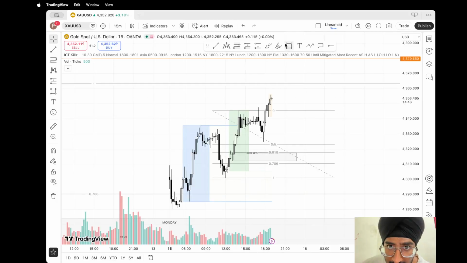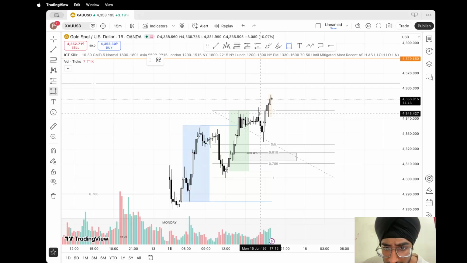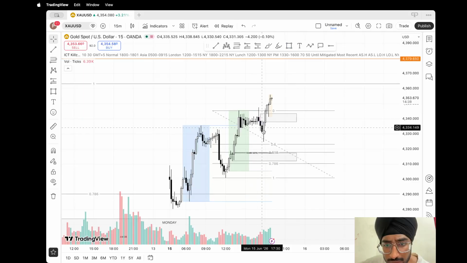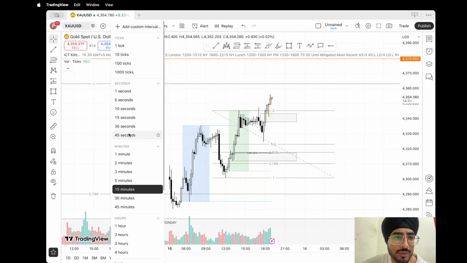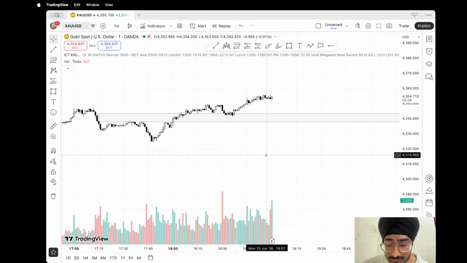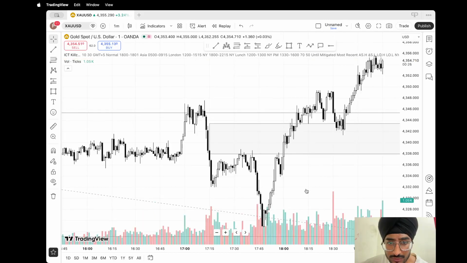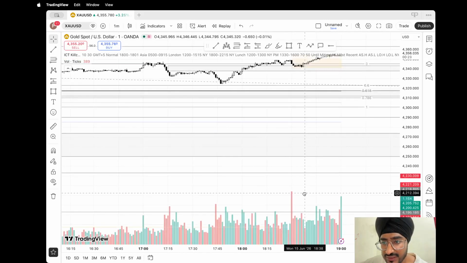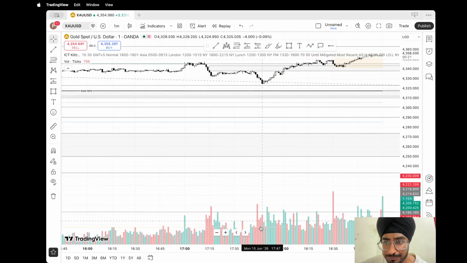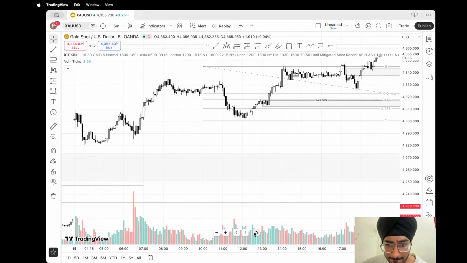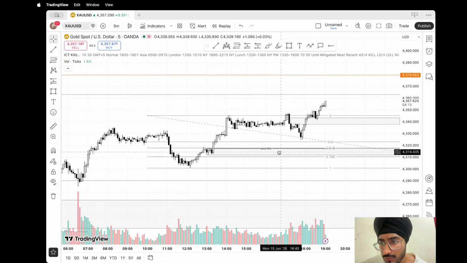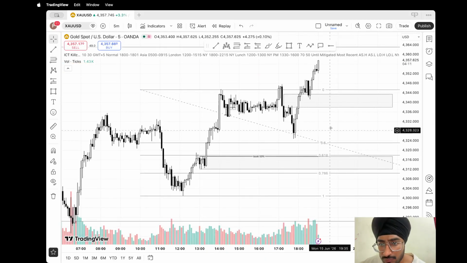Then this was a good trade as well, because we had a good fair value gap. At 15 minutes we had a pullback and then a break of structure. It came into the FVG and then it went up, so we could have planned one trade here, but I didn't see any great confirmations here. As you can see, it entered the FVG and then it just started making these small candles.